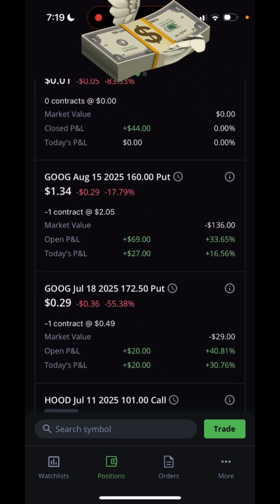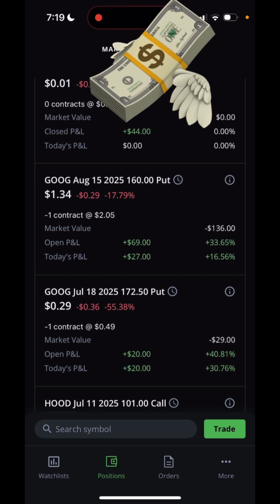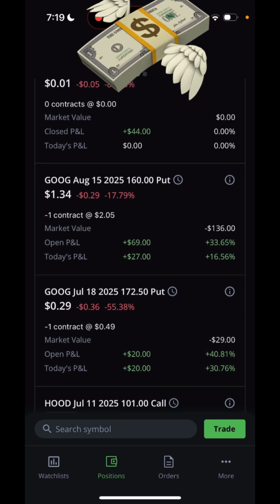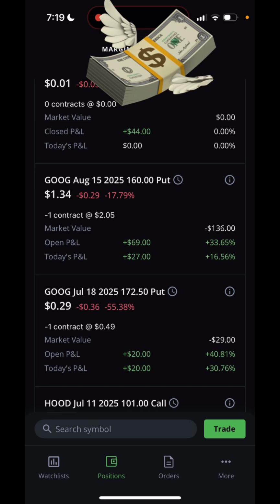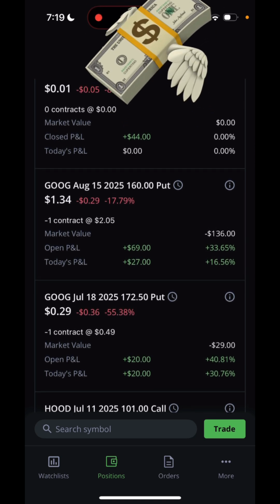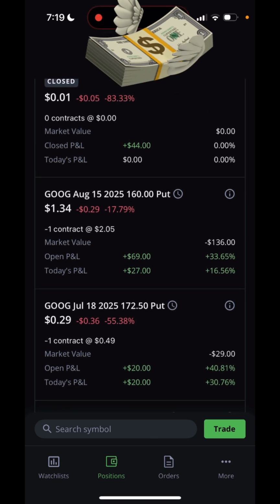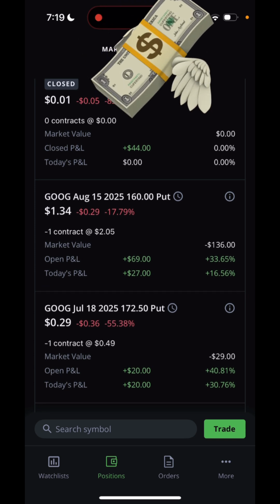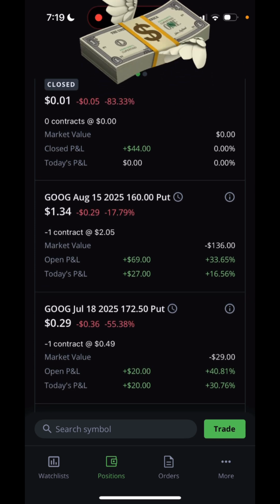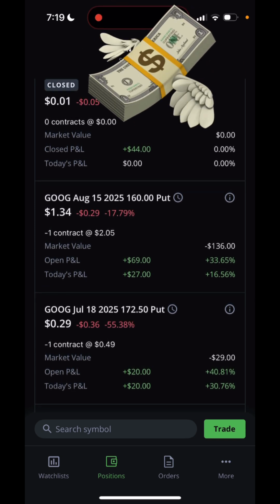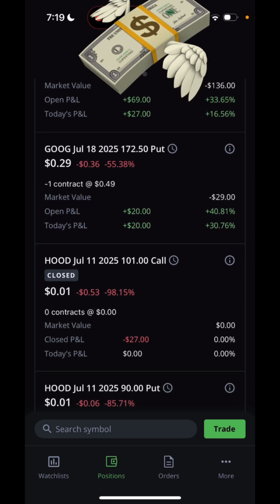All right, so we're going to try to keep playing Google. Right now I'm comfortable selling puts. Maybe we can turn them into strangles later on, but just to learn Google a little bit and see how it trades, we're going to start off with some short puts.